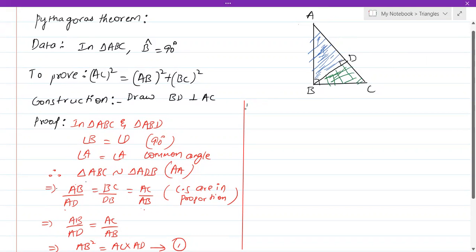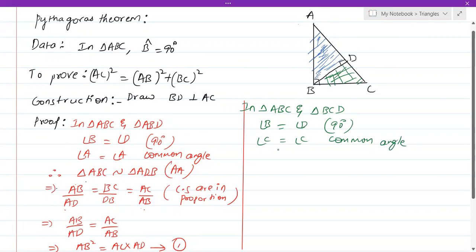Again, in triangle ABC and the other triangle BCD, let's try to prove that they are similar. Same logic. In the bigger triangle, angle B, and in the smaller triangle, angle D are equal, 90 degrees. Now, if you observe properly, in both the triangles, angle C is common. Angle C is equal to angle C because it is a common angle.